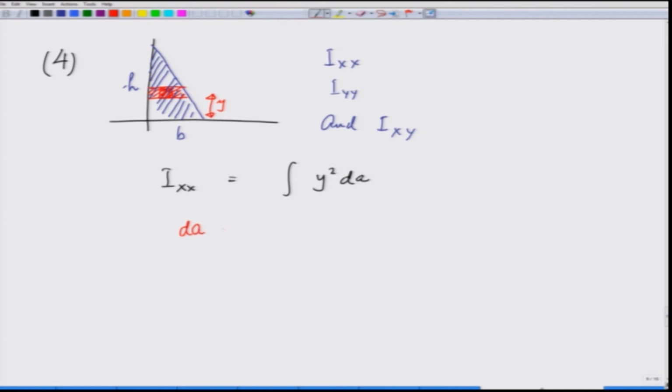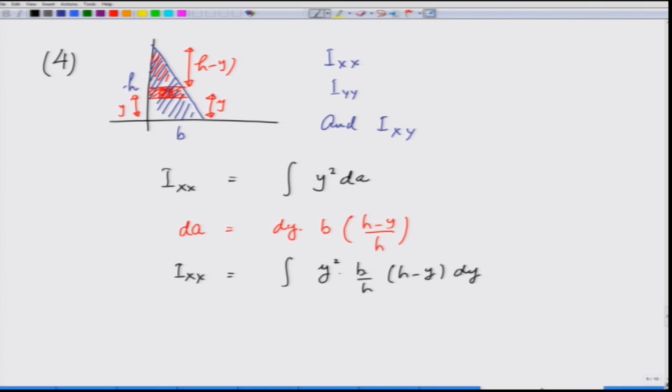Now, dA for this entire strip is going to be dy times its width, and the width at height y is going to be b times (h minus y) over h by similarity of triangles, because this height is y, this height therefore becomes h minus y, and this triangle is similar to the entire triangle. Therefore, I_xx is equal to the integral of y squared times b over h times (h minus y) dy, which is b over h times the integral from 0 to h.